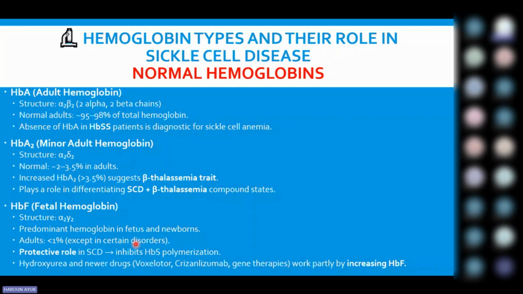So while in the lab and you're testing a sickler, usually the doctor will be focusing on checking how the patient is responding to the medication. And they will do this by looking at the HbF representation in the total count of the variants.